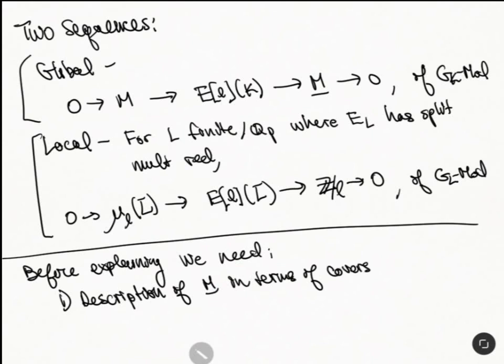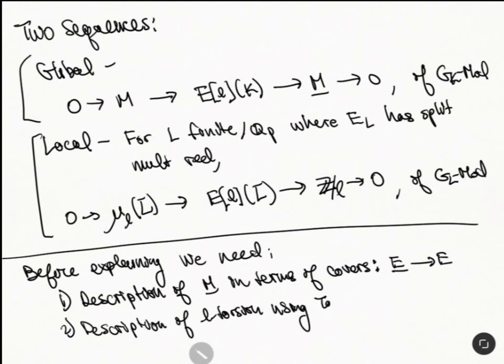Covers. So in particular, we want the dual isogeny of the quotient to be a cover. And then we'll briefly recall the description of the L torsion using the Tate uniformization.